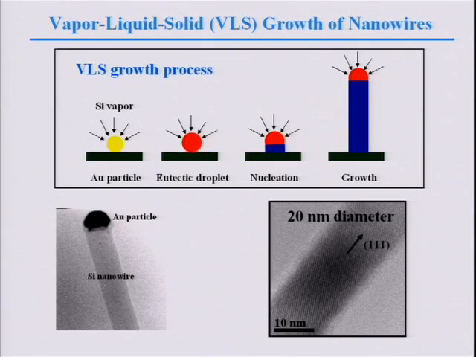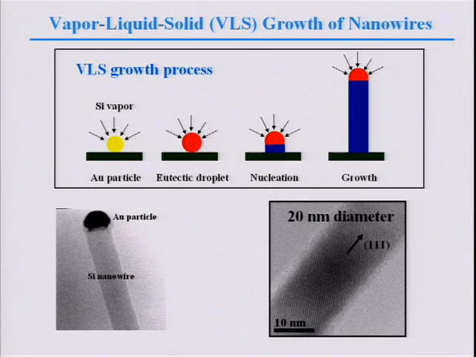If you look at the phase diagram, when you mix gold and silicon together, they melt at a really, really low temperature. Gold alone has a melting point of about 1,000 degrees C, and silicon alone about 1,400 degrees C. But when you mix these two together, the melting point is 360 degrees C. It's really, really low.